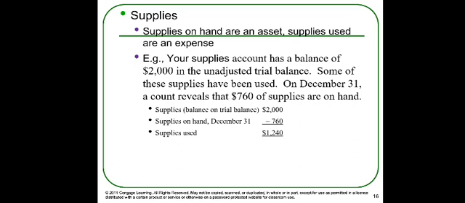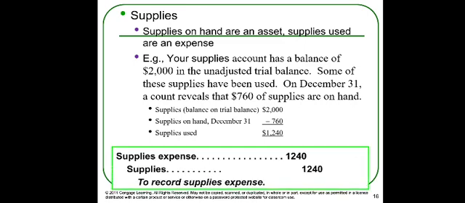So like I said earlier, supplies, when they are in your business, they are assets. But when you use them, they become an expense. So if the supplies used here is 1,240, you have to record that as an expense. So this is the journal entry for supplies.